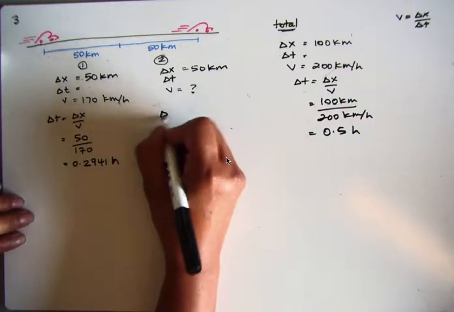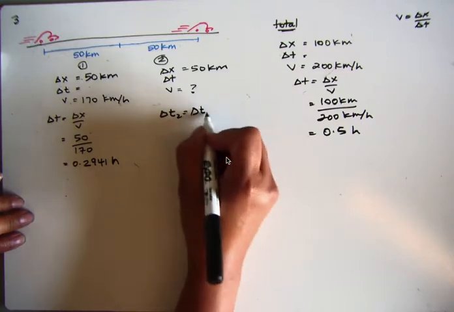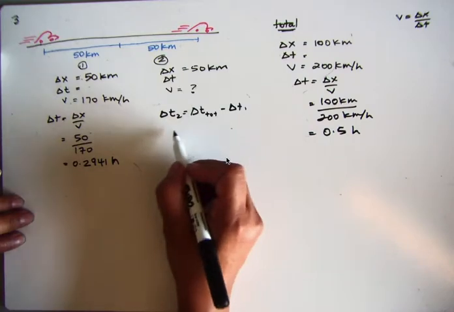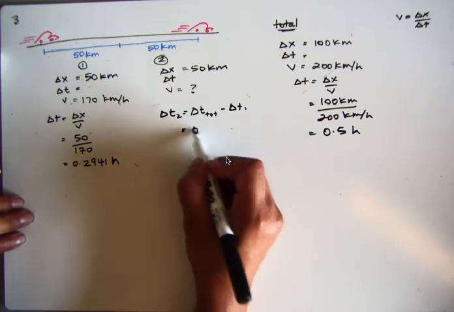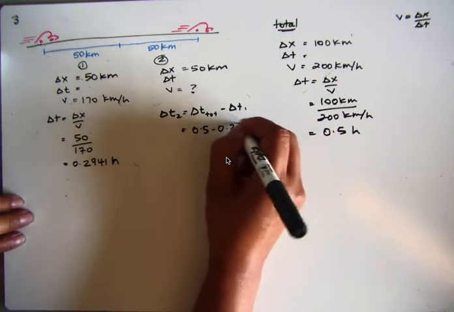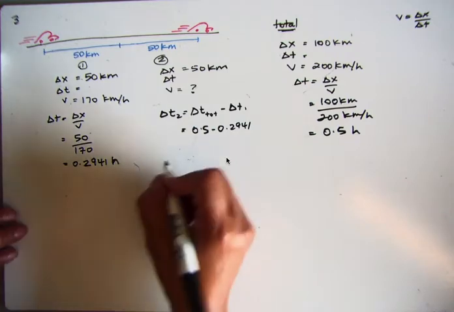So in this part, delta t for the second part is equal to the delta t total minus delta t1. Then we put in the 0.5 minus 0.2941, and we get our answer.